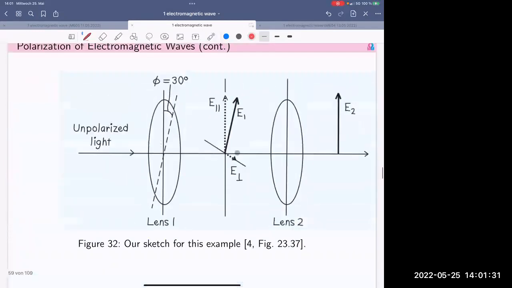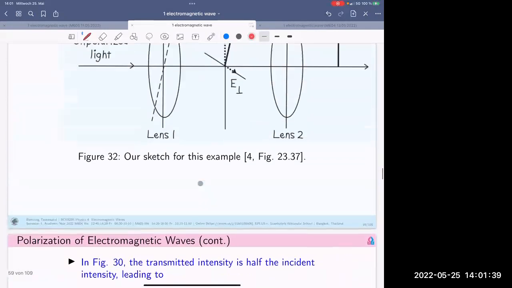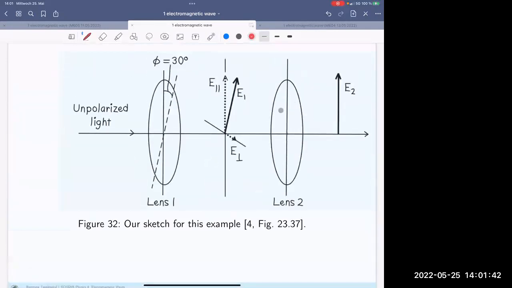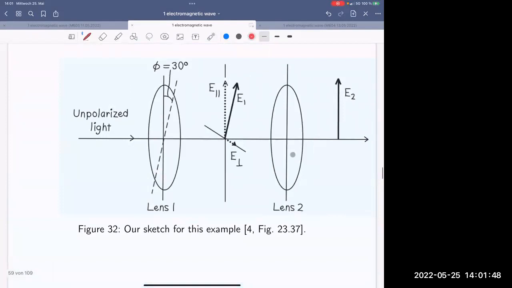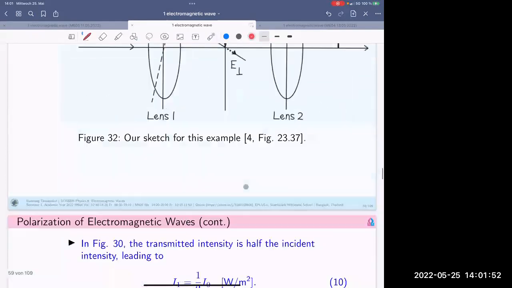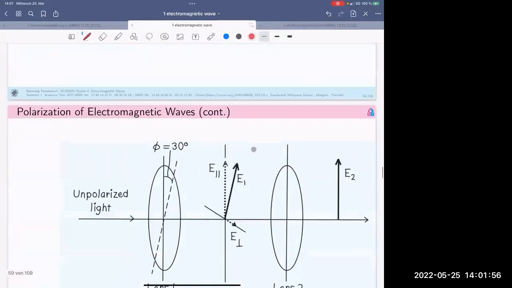Okay, you will get half of the intensity after the first lens, and once you pass it through the second lens, you will get the intensity I2, and I2 could be computed from the Malus law.